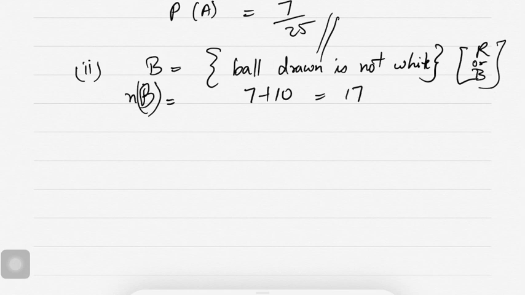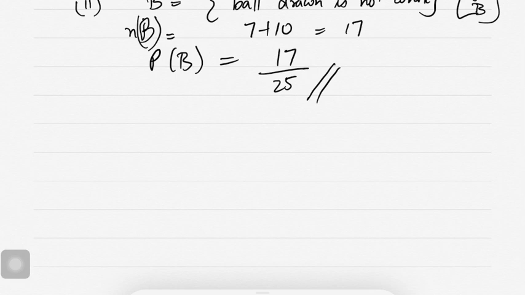So 7 plus 10, which is 17. So P of B will be 17 upon 25.